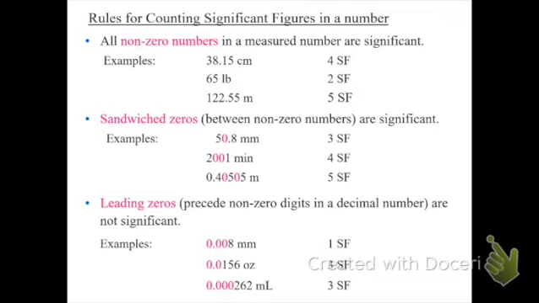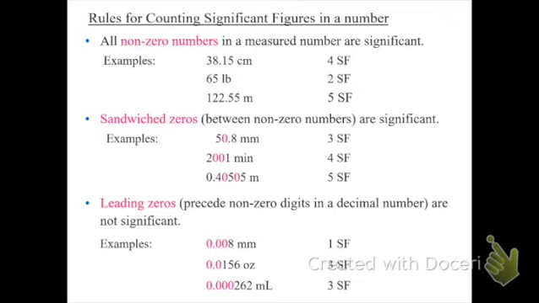That's when you start counting the significant figures. And the good news is, once you start, everything that follows is significant. So, for example, 0.008, I would have to count starting with 8, the first non-zero number that appears.